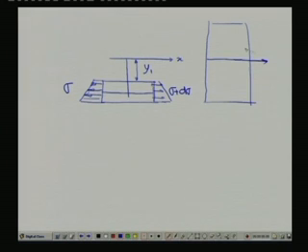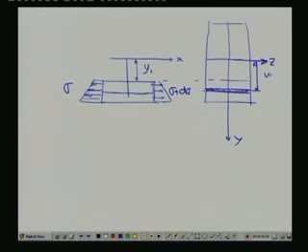If you view from this side, the total cross section, this is your z and this is your y. At any location, we take a small elemental area at a distance y, and this line is at a distance y1, and let us consider the extreme fiber to be C1.